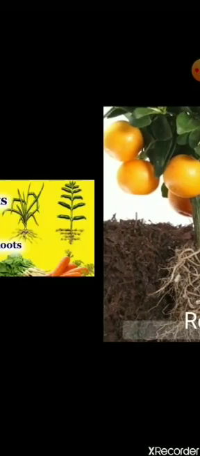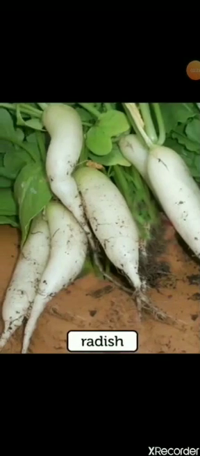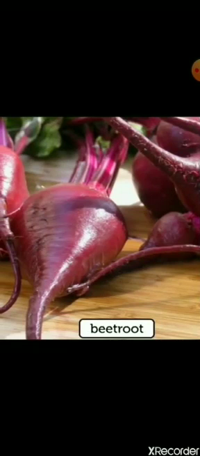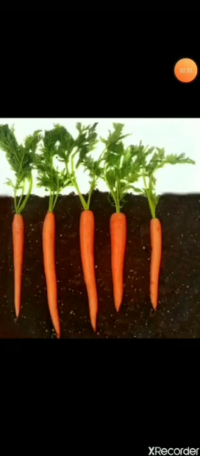Roots are of 2 types, taproot and fibrous root. Some roots like carrot, radish and beetroot have one main root with thinner roots growing from it. This is called taproot. These roots grow deep into the soil.